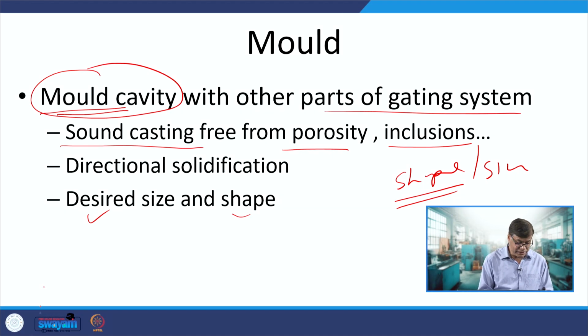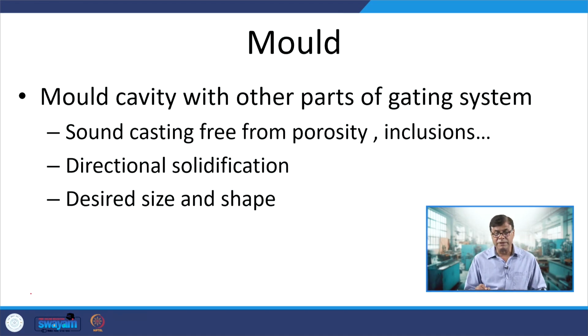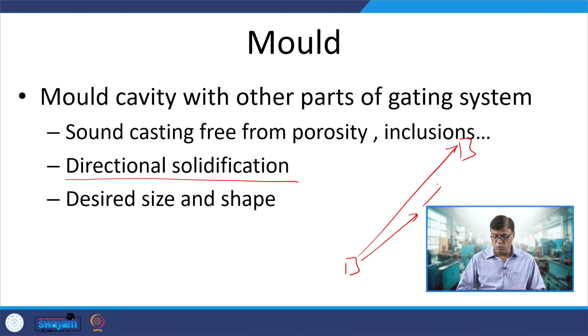In addition, even if there is any tendency for impurities, inclusions or such defects, those tendencies are minimized with the help of directional solidification. Here the solidification starts at one location, ends at another location, and proceeds in one direction.